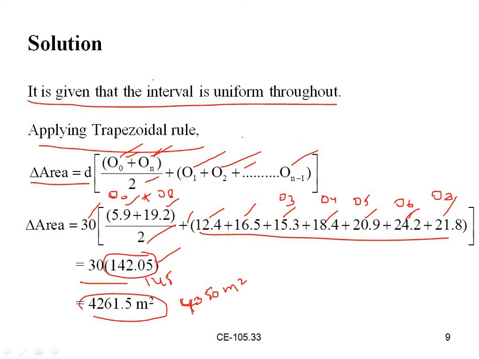But this interval must be uniform throughout, compulsorily. So remember this formula. The trapezoidal rule formula is (O0 plus On) by 2 plus O1 plus O2 up to On minus 1. Sum of first ordinate plus last ordinate by 2 plus sum of other ordinates. It is very simple for the calculation.